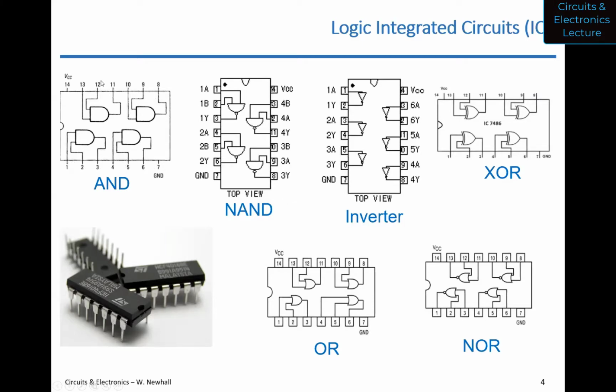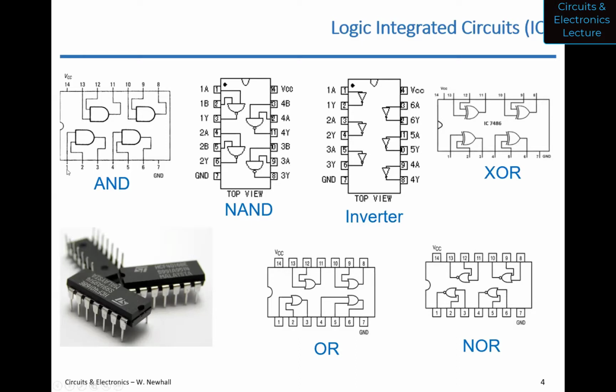So then you can see this chip has 14 pins. So if this is a 5-volt chip, you apply ground to ground, you apply 5 volts to VCC, and then you have 4 AND gates available to you. So for example, for this lower left AND gate, pin 1 is an input, pin 2 is an input, pin 3 is the output of this gate.